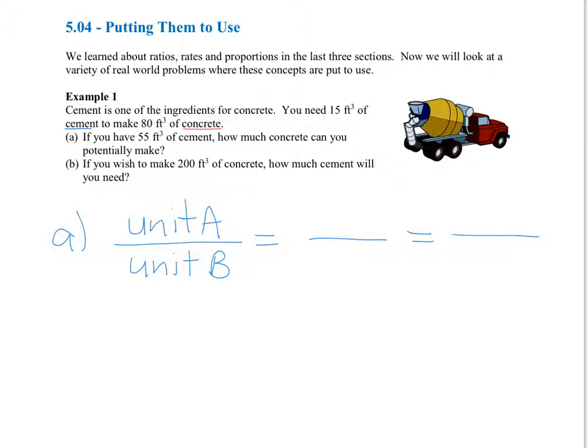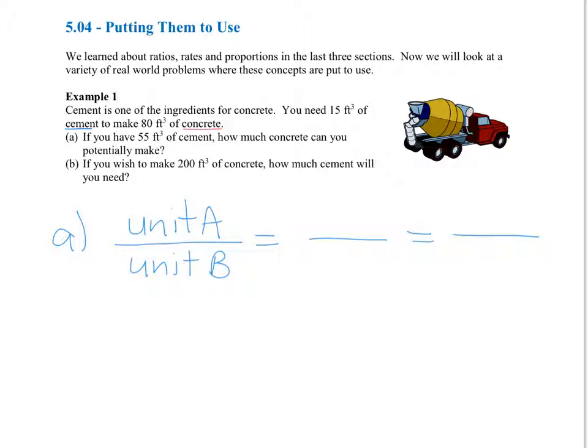The reason you do this is because where you put the units matters, right? So if you have unit A here and unit B here, anytime you put a number that represents the first unit, it goes where you put unit A. So all the unit A numbers will go on top. All the unit B numbers will go on the bottom, okay?